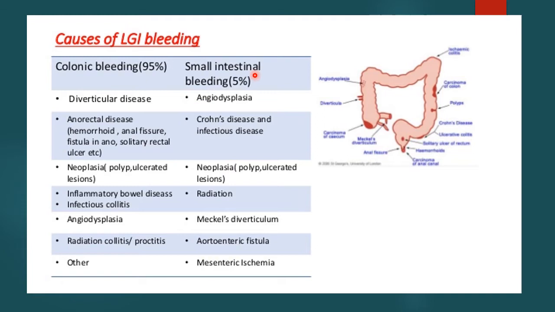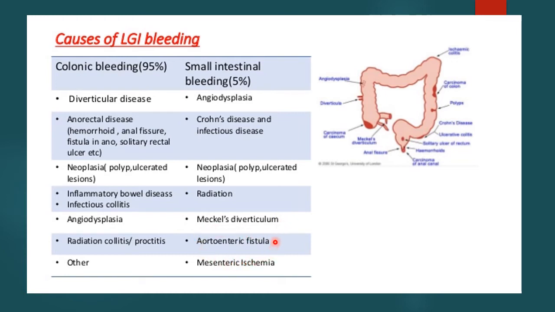Small intestine bleeding accounts for 5% of lower GI bleeding, and among them will be angiodysplasia, Crohn's disease and infectious diseases, neoplasia of the small bowel, among which polyps are more common, radiation injury to the small bowel, and Meckel's diverticulum, which at times can be a very major cause of bleeding, especially in children.